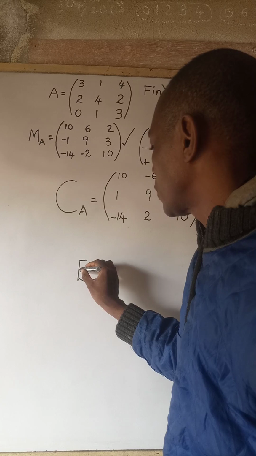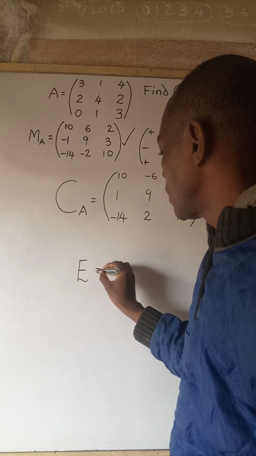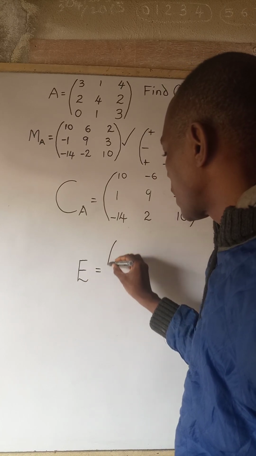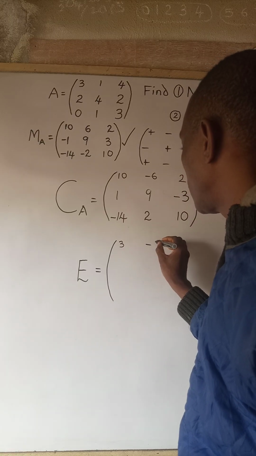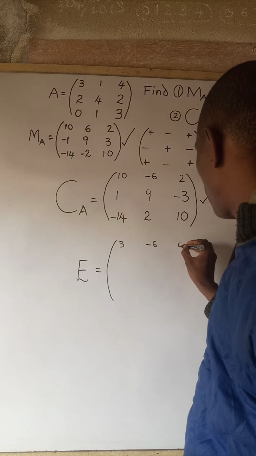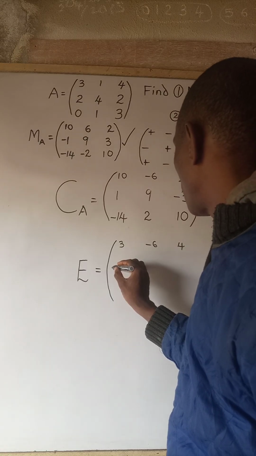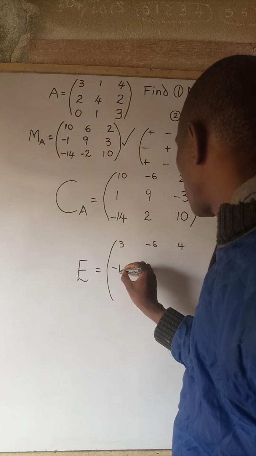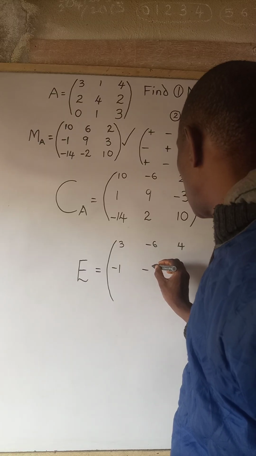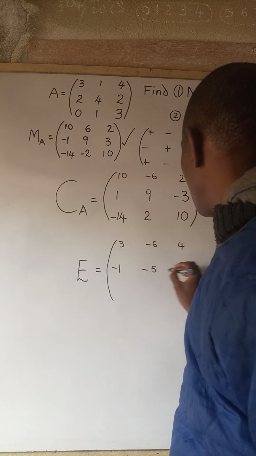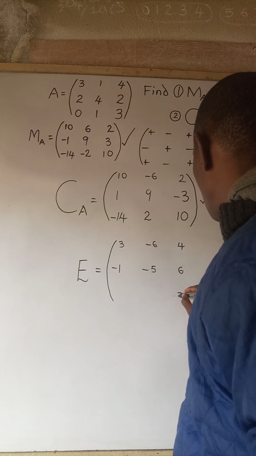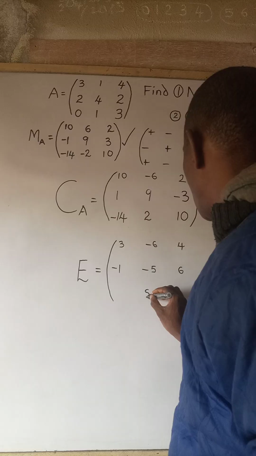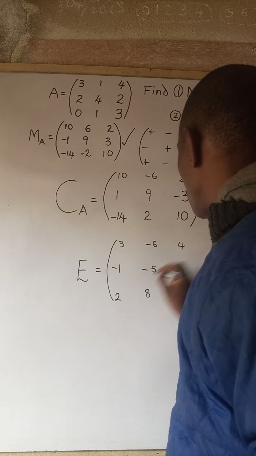So you can practice it, because they say that practice makes perfect. Let's just assume that they gave us this matrix E, and this matrix E contains 3, minus 6, 4, minus 1, minus 5, 6, 3, 8, and 2.